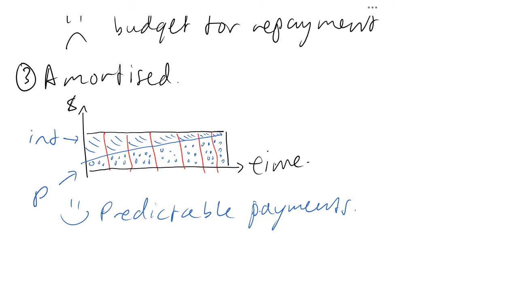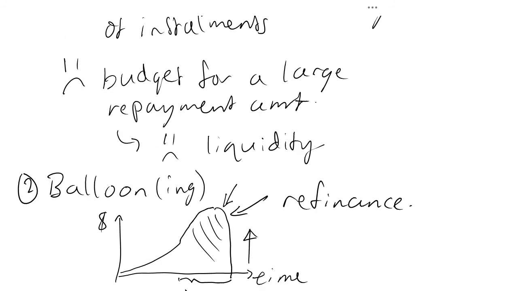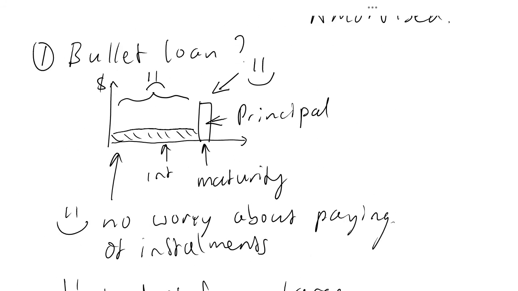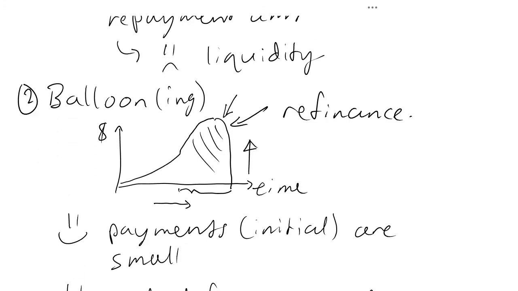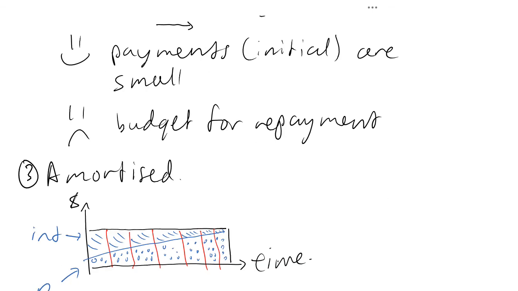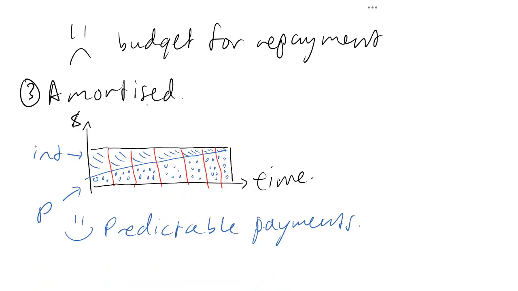Unlike the earlier loans which you saw, like for instance the bullet loan, which requires a massive amount of money to be paid out to clear off the principal, and unlike the balloon loan, where the business has to anticipate and prepare for a large sum of money to pay off the entire loan towards the end of the loan tenor. So the amortized loan gives a lot of predictability.